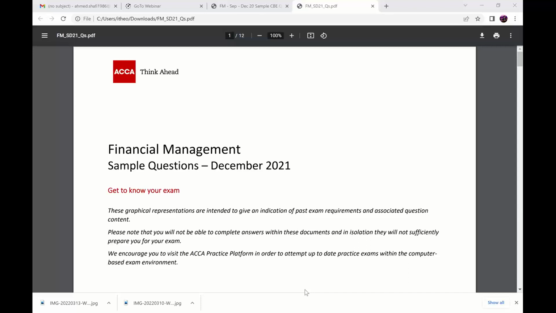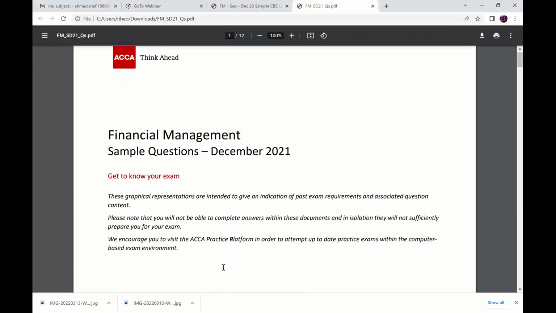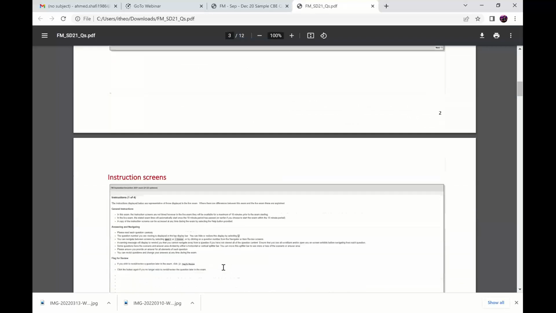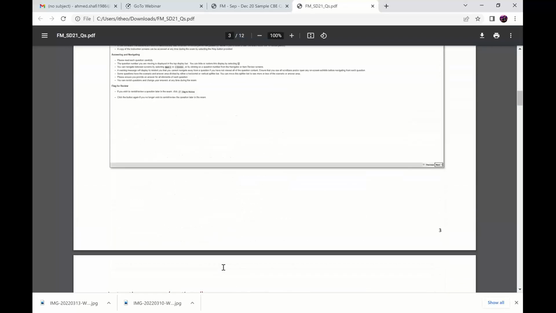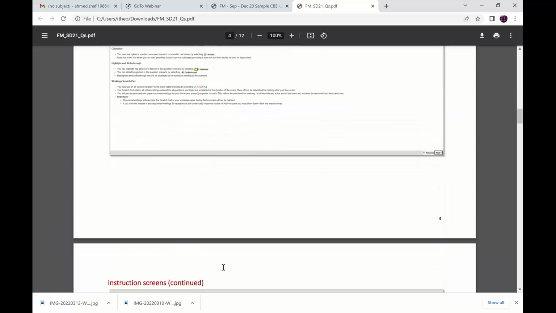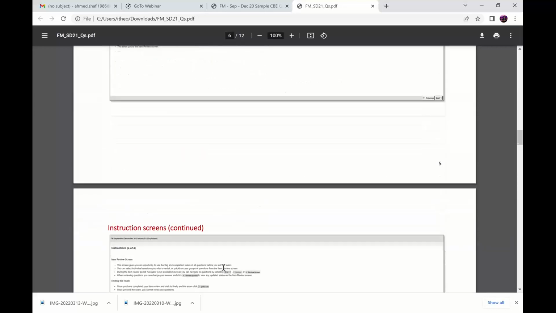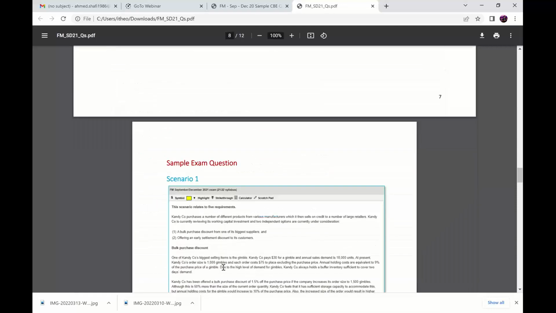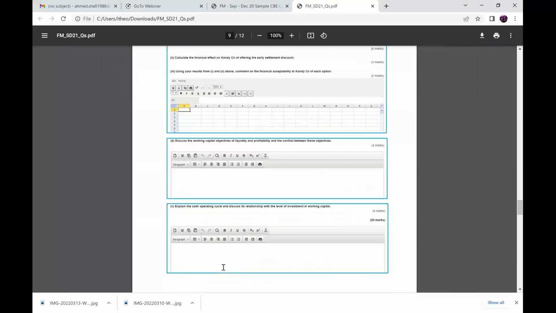So I have opened this particular scenario, and once I open that, there is firstly an instruction screen. You read the instructions, go down, and you get the questions.